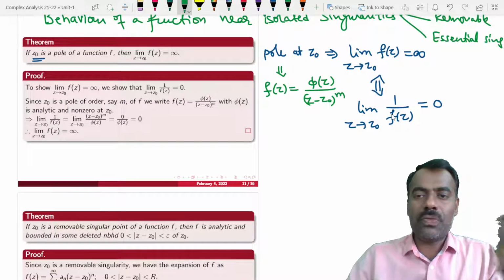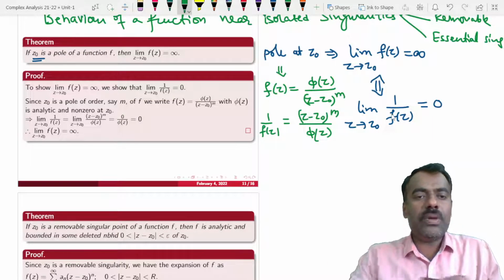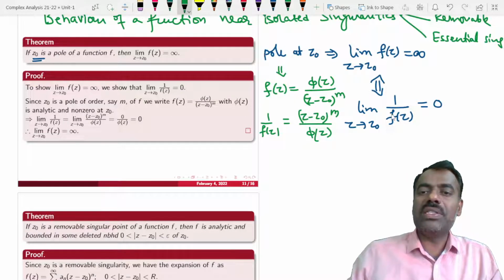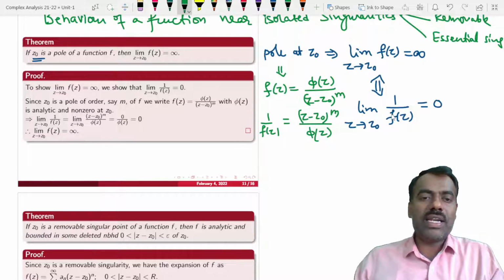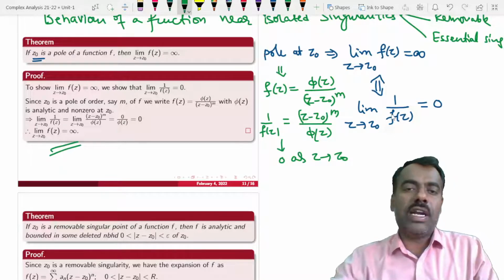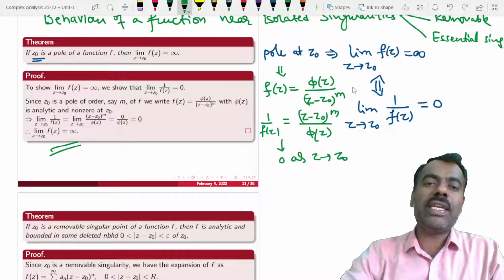Therefore 1 by f of z is (z minus z naught) whole power m by phi of z, where phi of z naught is not equal to 0. So you can see that when z is equal to z naught, this value is 0. That shows the limit as z tends to z naught of 1 by f of z tends to 0. That proves that at poles f of z is very near the point at infinity.